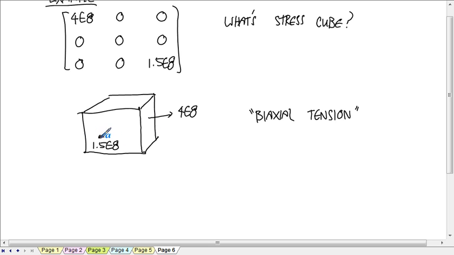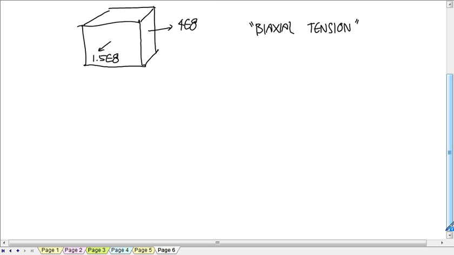At the same time, the positive Z and negative Z faces are being pulled apart. So along two axes, you're applying tension to this cube. Any questions about definitions of stress? So that's all there is to defining the stress.